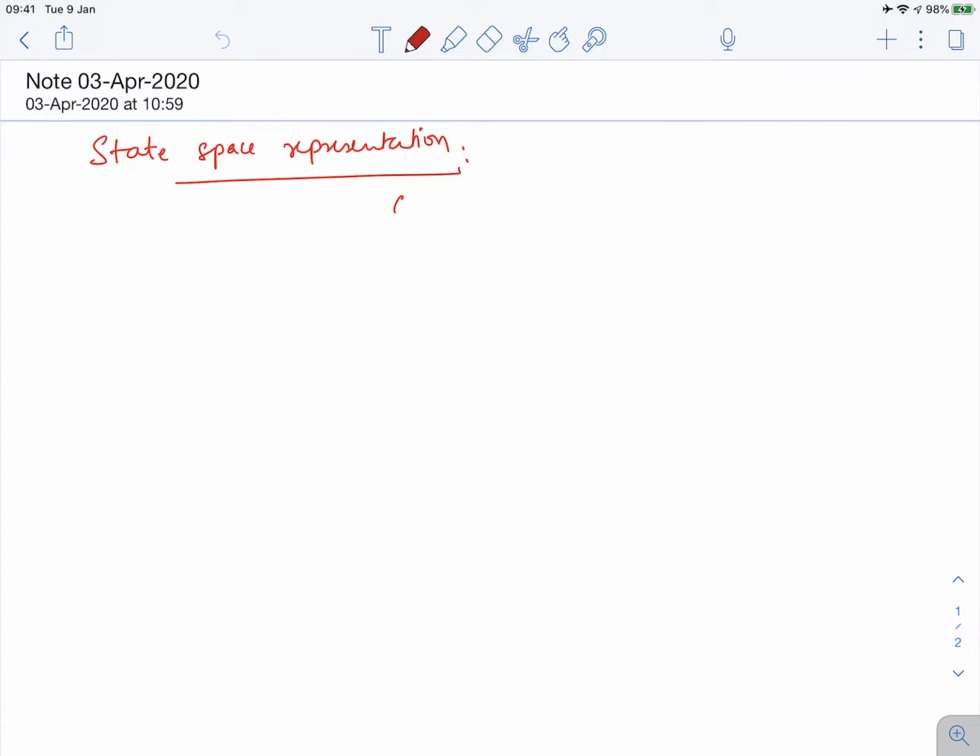So we started with the transfer function, which is C by R, as this one.